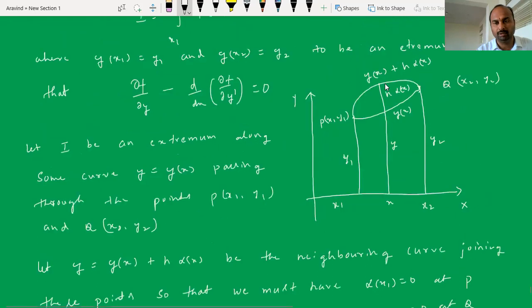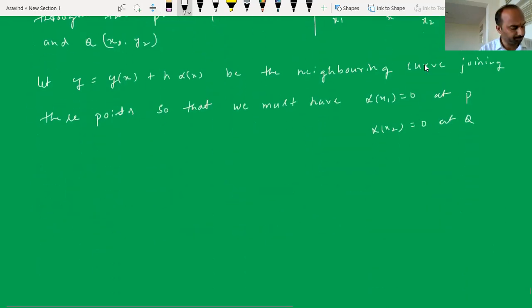If this is 0, then only y(x) coincides with this curve. Therefore at P and Q this term will be 0, that is α(x1) and α(x2) are zeros.